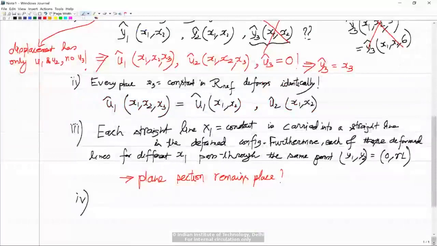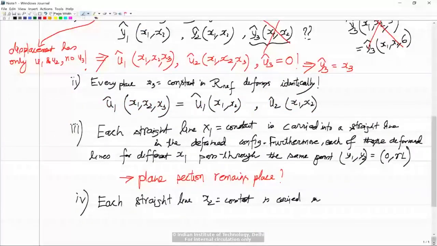The next one says each straight line x2 equal to constant is carried into a circular arc centered at 0 comma gamma l.